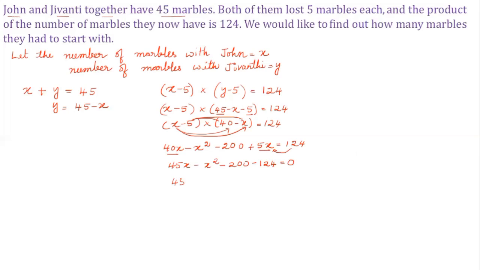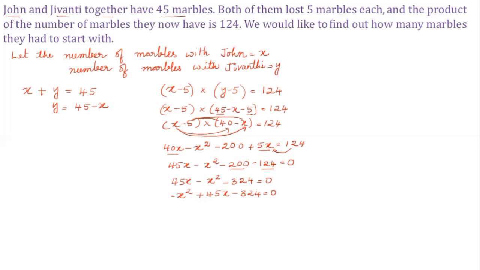So 45x minus x square minus 324 is equal to 0. Now this is the quadratic equation. Now we have to rearrange the terms to get the standard form, that is minus x square plus 45x minus 324 is equal to 0.